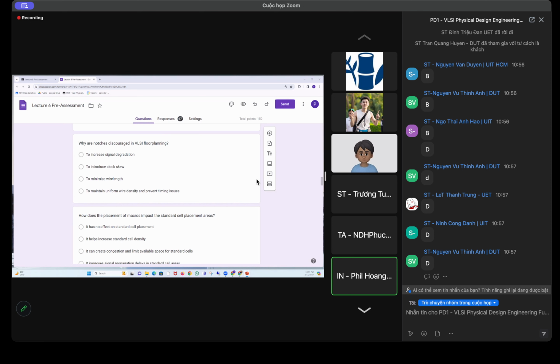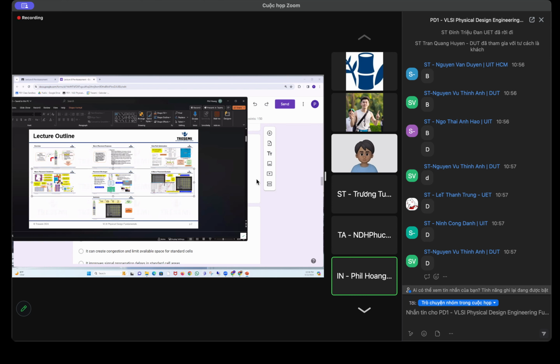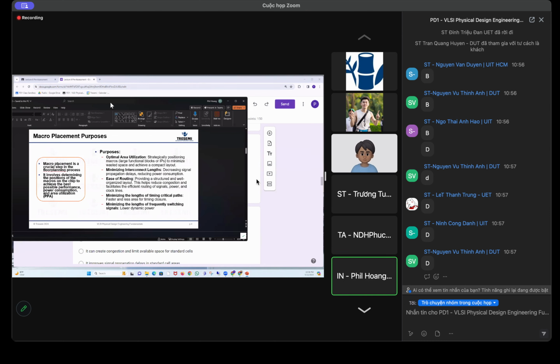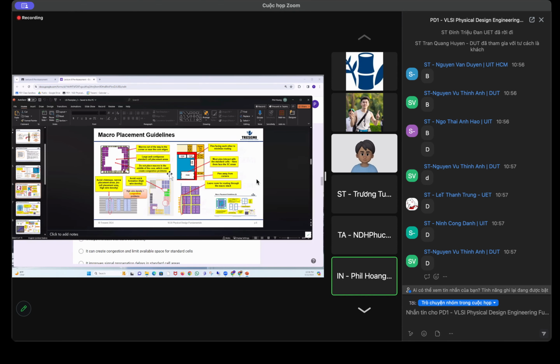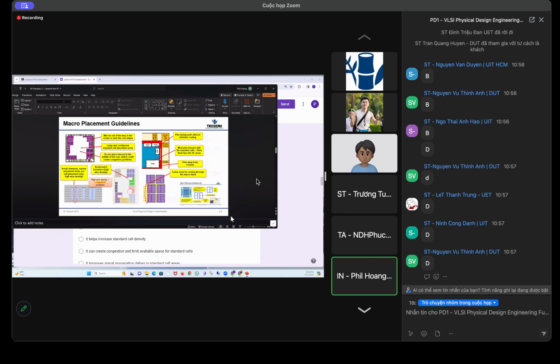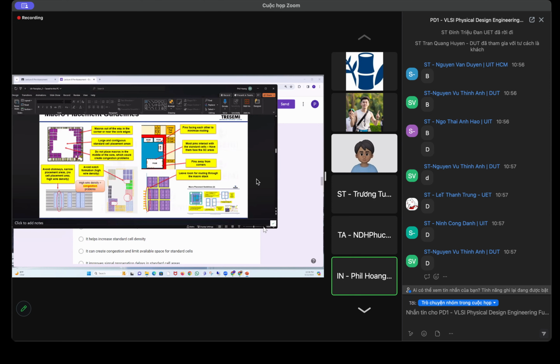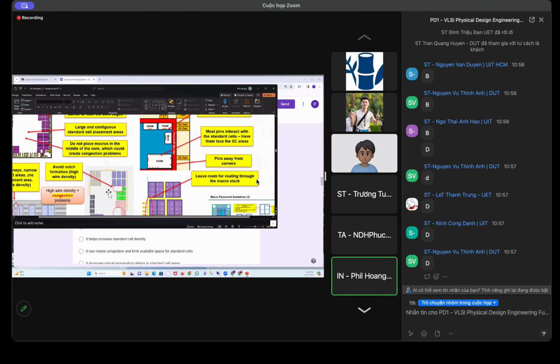Why is wire density a concern? For notches like this, over here the wires are determined by the standard cell area.